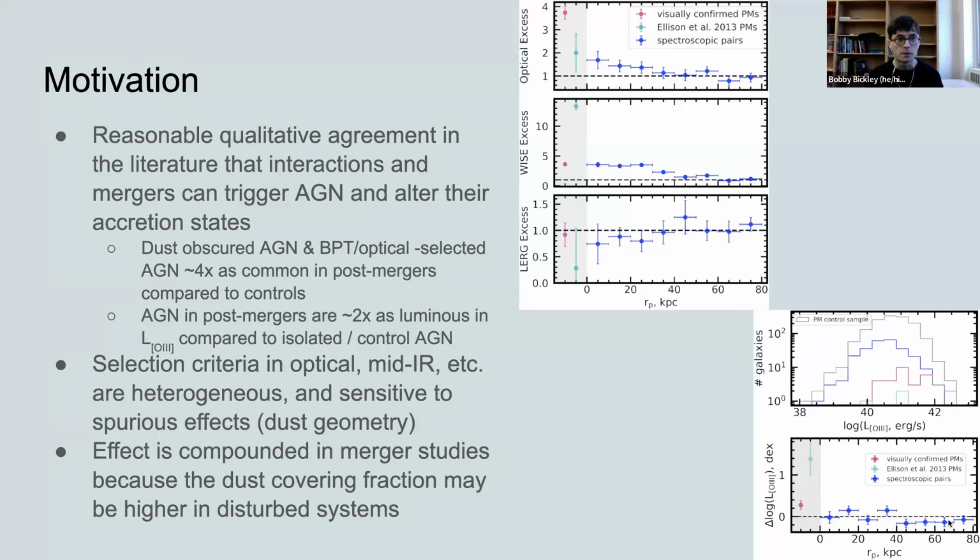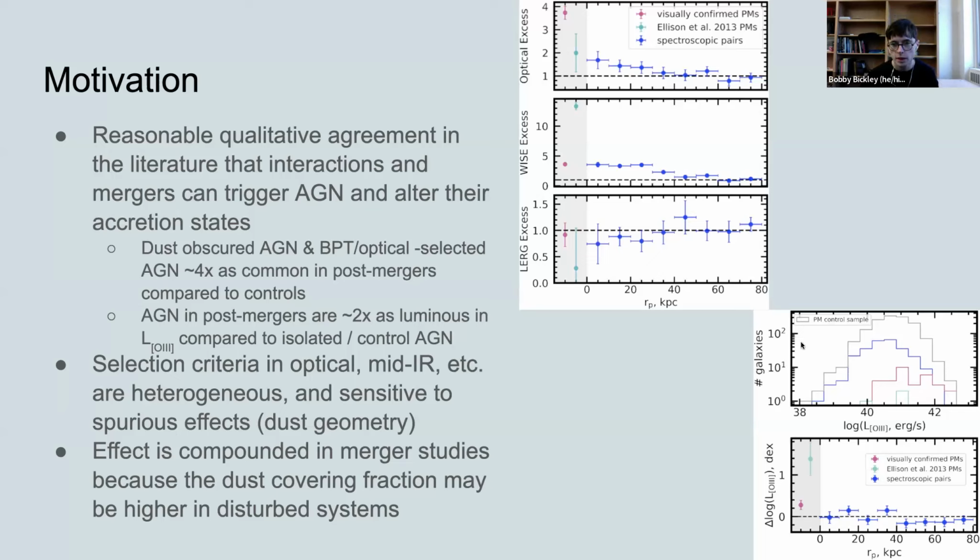So that is to say that ongoing galaxy interactions are a way to produce a relatively typical narrow line AGN. But our post-mergers actually are around twice as luminous compared to controls. So there's this idea that we're developing that the post-mergers are unique in their ability to trigger AGN, but also unique in the dynamic range of the AGN that they trigger.